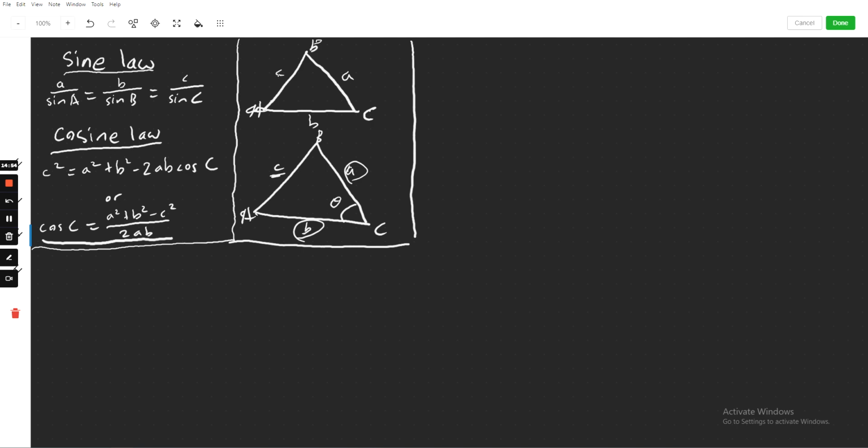Okay, let's draw this out real quick for you guys. So this is actually a word problem. I'll just draw out the diagram for you.